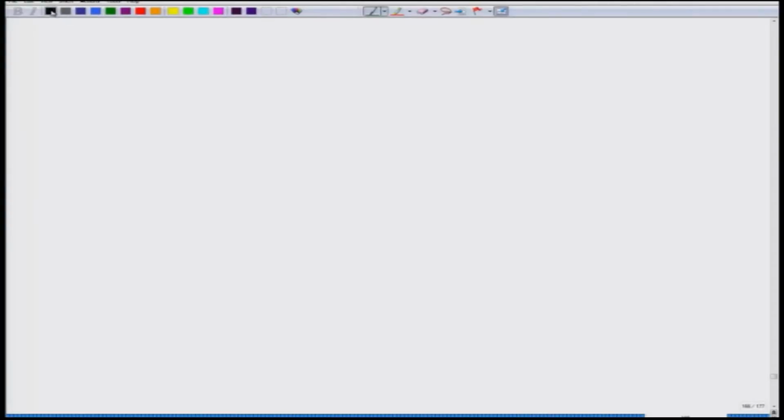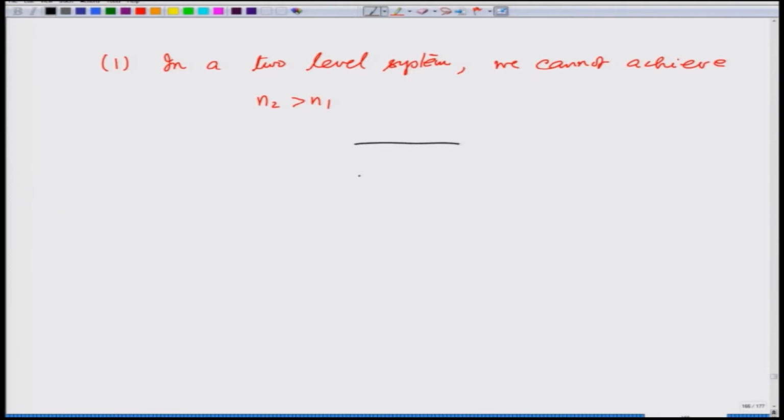Now, number 1, in a 2 level system, we cannot achieve N2 greater than N1. Why? Suppose there is a 2 level system.